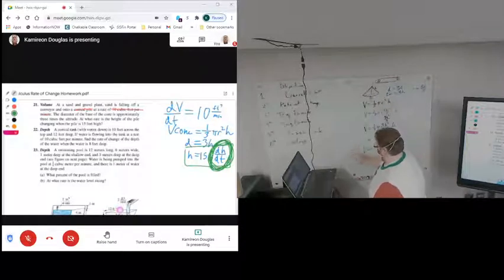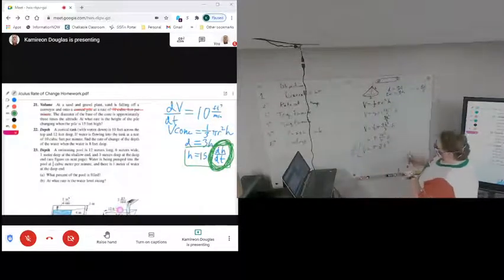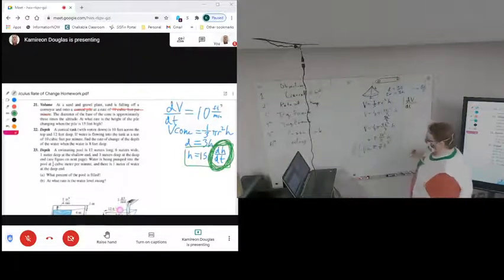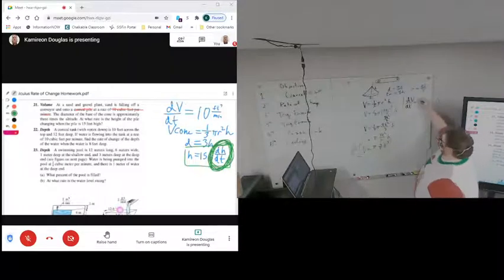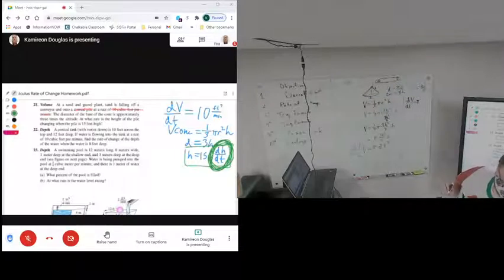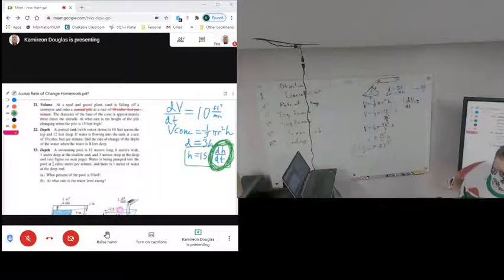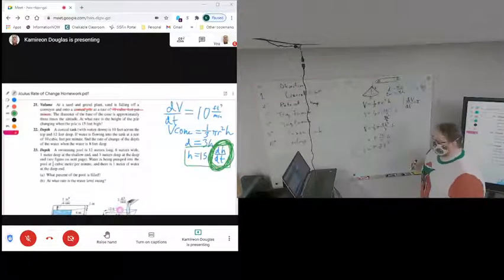d/dt, left-hand side: dV/dt. Right-hand side: pi is constant, so it stays. 3/4 times h cubed.